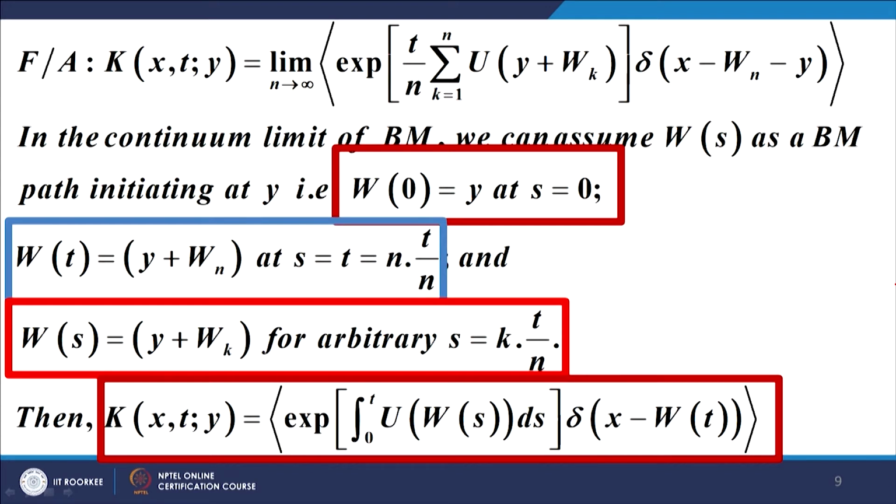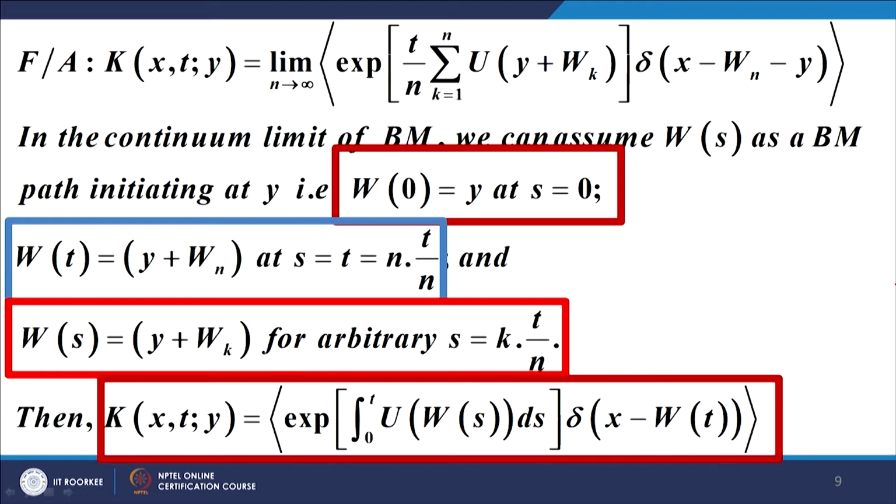The delta function now operates because it is x minus W_n minus y, it becomes x minus W_t. Recall, what is W_t? W_t is equal to y plus W_n.